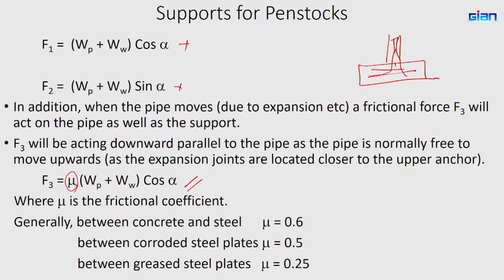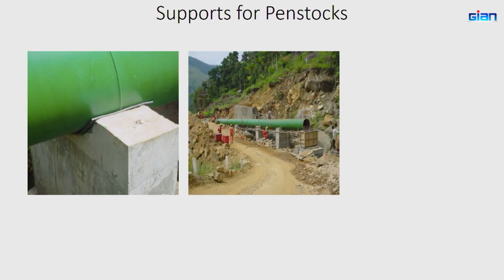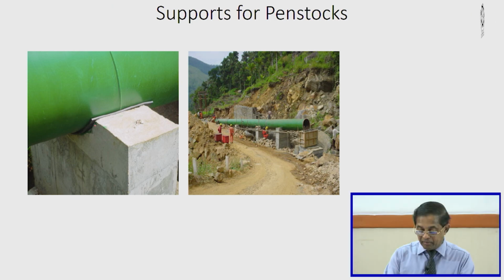I have given some typical values here. In one of our projects we put nitrile rubber here, because otherwise, over the years, all the paint will be damaged by the movement, and corrosion will happen there, and the pipe will get damaged.